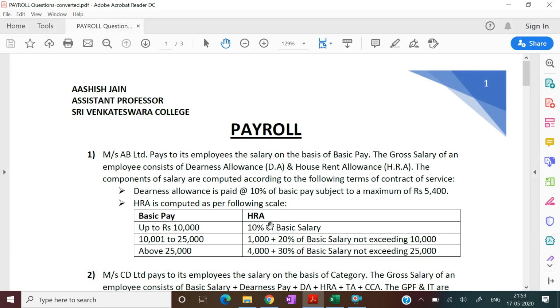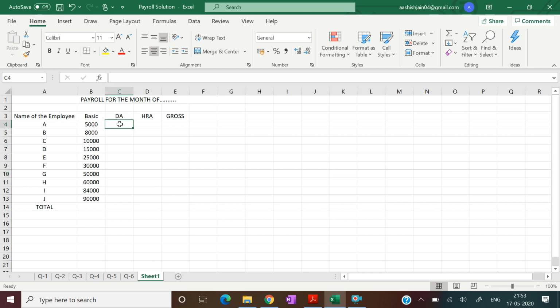DA is to be paid at 10% of basic pay, subject to a maximum of rupees 5,400. Let's see how to do this. DA would be 10% of basic salary, subject to a maximum of rupees 5,400. Whenever there is a constraint that the amount should not exceed a certain amount, we will use a function called min.